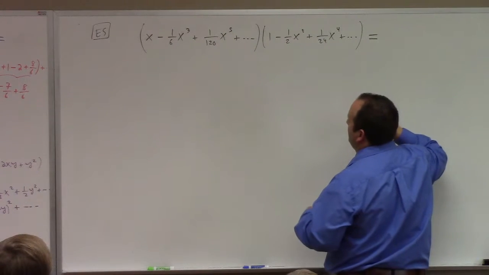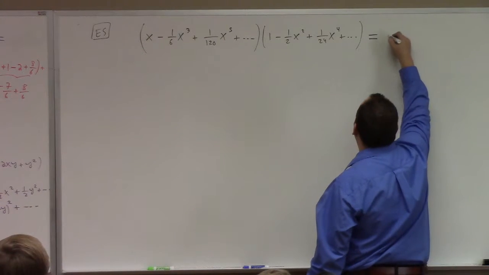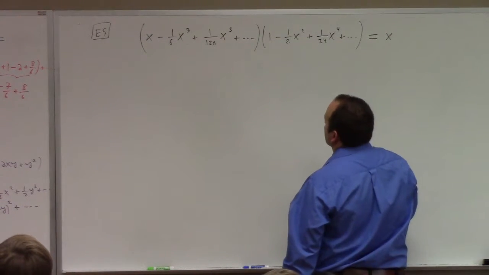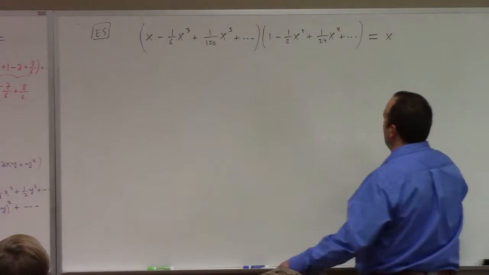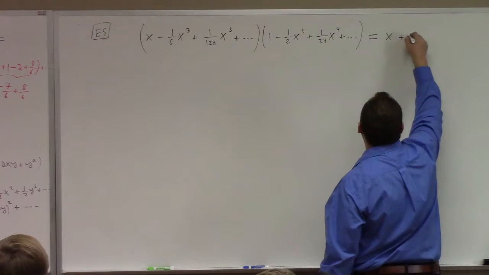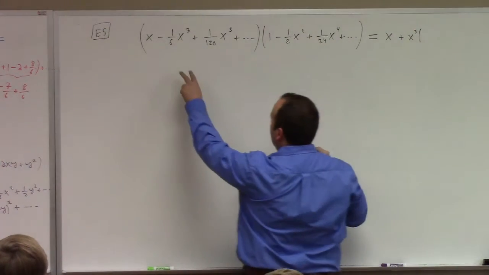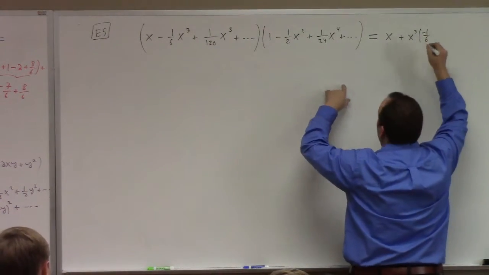Constant terms? Nothing. How about, what do we get first though? We get x. Anything x squared? Nope. How about x cubed? Looks like a minus 1/6, right?